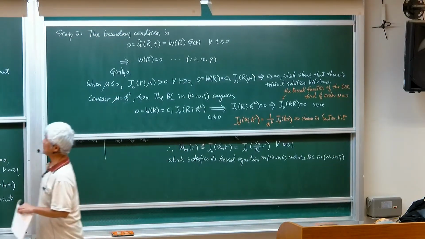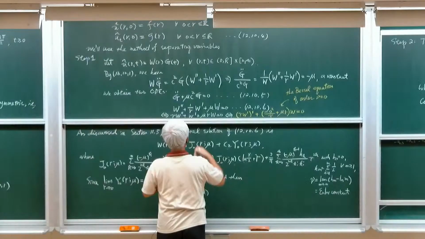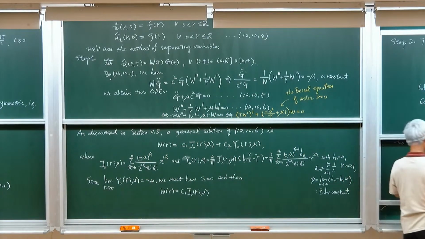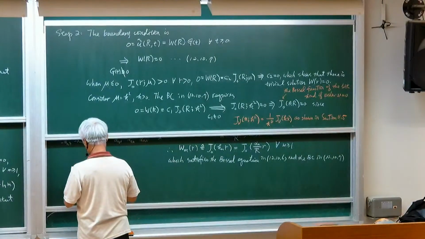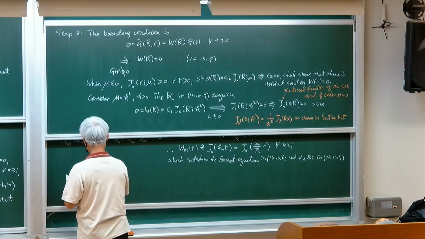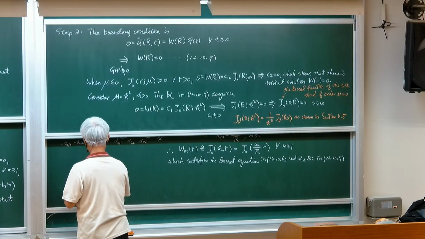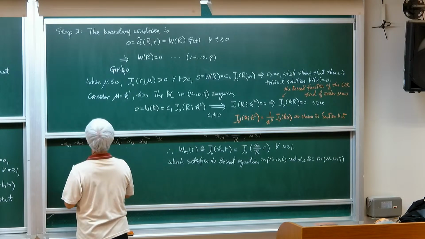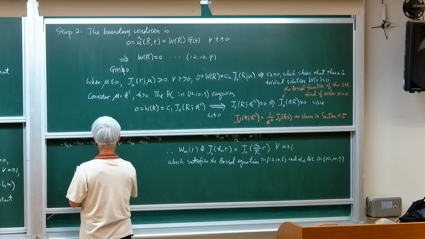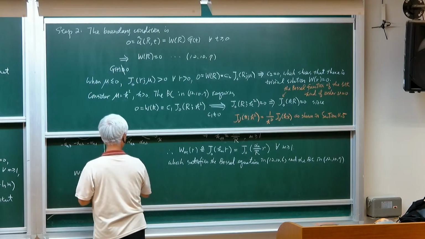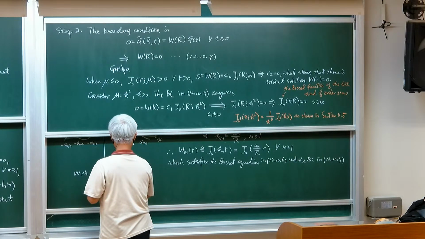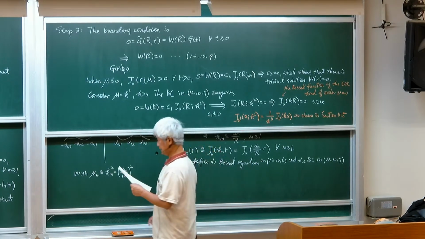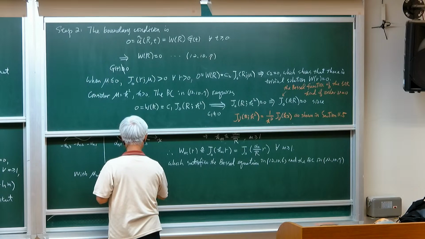Now we want to solve the second ODE here in 12.10.5. So with mu sub m equal to k sub m square, which is equal to alpha sub m over R squared, right?